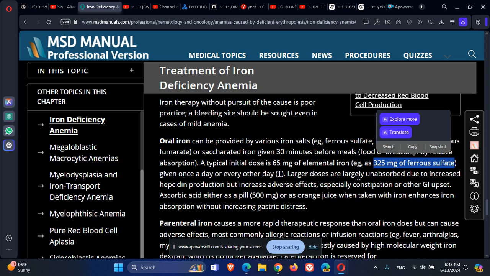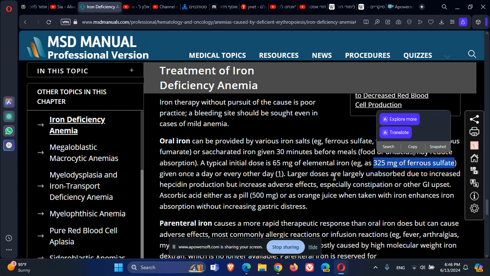Because remember hepcidin, remember transferrin: when the body absorbs too much iron, it elevates the hepcidin level, which is the protein responsible for inhibiting the absorption of iron from the GI tract. So giving too much iron at a time only increases the side effects but won't benefit the patient. So giving around 65 milligrams a day is the typical dosage.